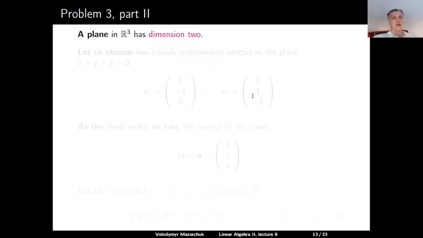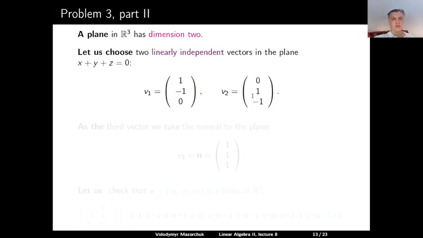So a plane in R3 has dimension 2. So let us choose 2 linearly independent vectors in our plane x plus y plus z is equal to 0. For example, we can take as v1 the vector 1, minus 1, 0, because 1 plus minus 1 plus 0 is 0, so it belongs to the plane.